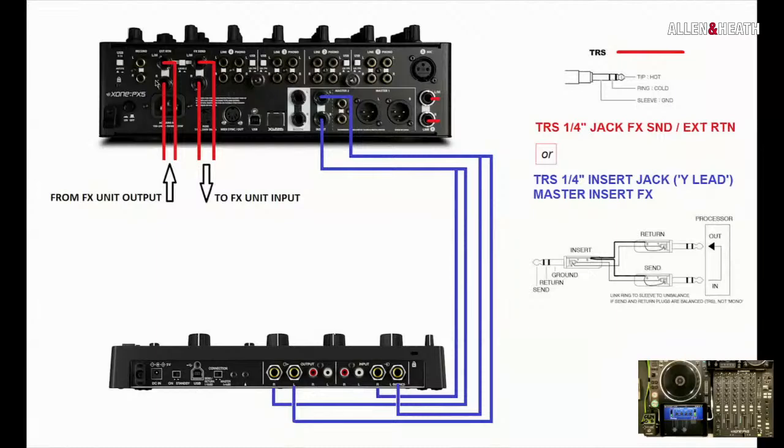about pre and post fade, one of the other things that I've got going here is this other channel, and what I'm doing is I'm coming into the iPad on 5 and 6, which is this channel here.